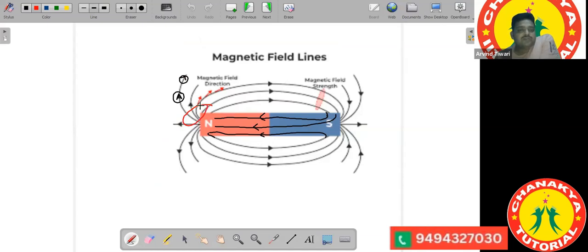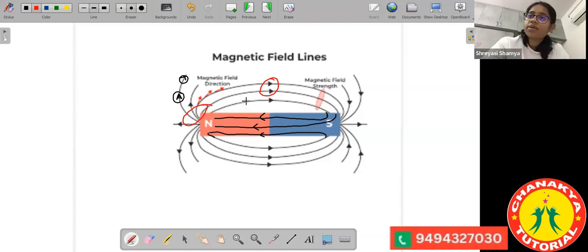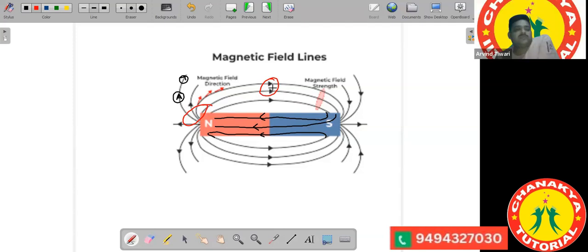In this much area, you have 1, 2, 3, 4, 5 field lines. If you consider the same area over here, do you have the same number of field lines? No, sir, there's space between. Okay, so they are spaced.